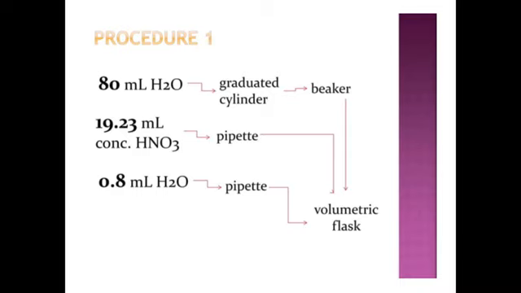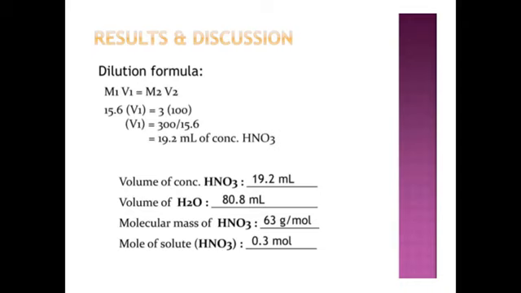Now, once you have calculated successfully the amount you need, both the amount of water and the amount of the acid that is needed, the amount of water needed is 80.8. However, for better accuracy, you may decide to first measure the 80 mL.